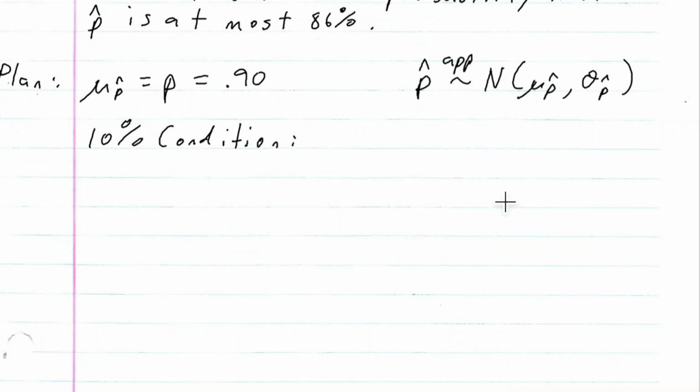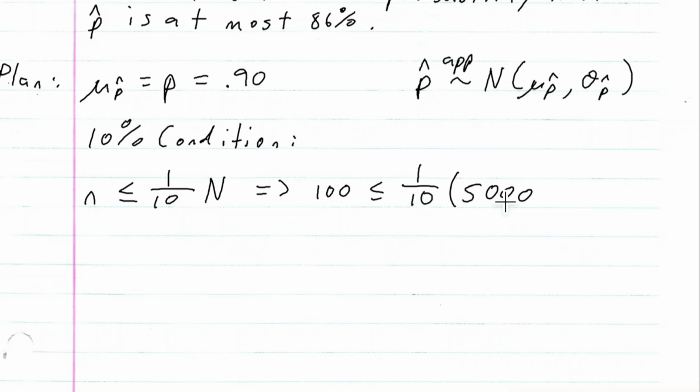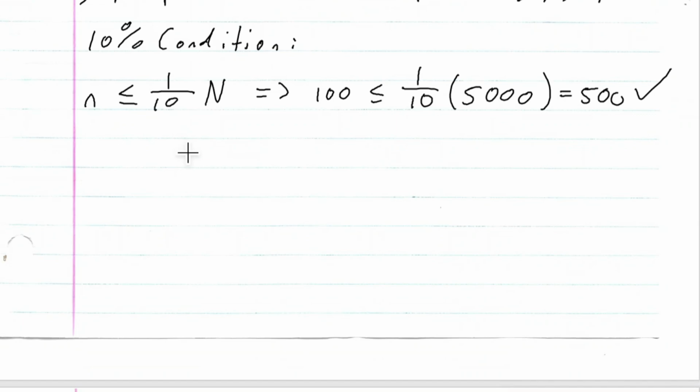This states that n must be less than or equal to a tenth of big N. n was 100 and big N was 5,000. A tenth of 5,000 is 500, and 500 is definitely bigger than or equal to 100, so our 10% condition does hold.